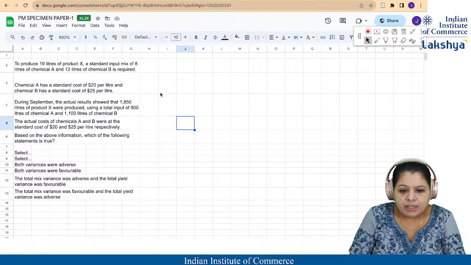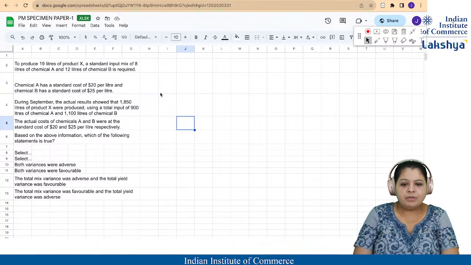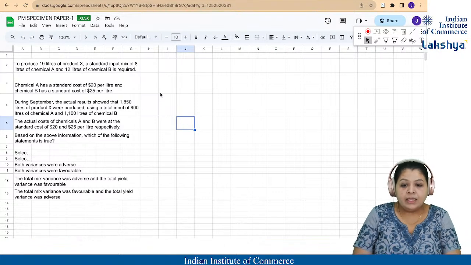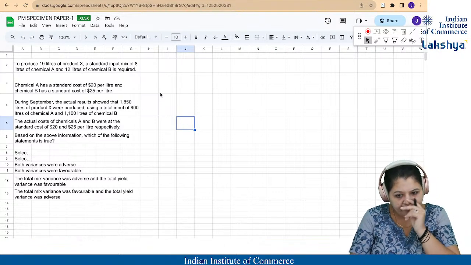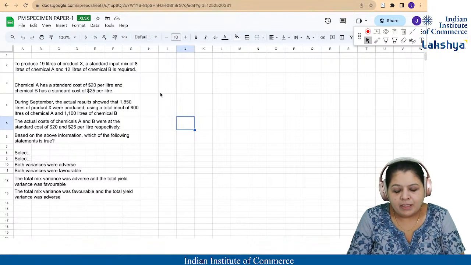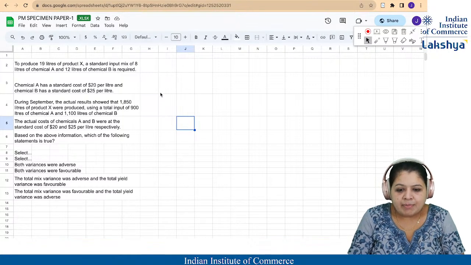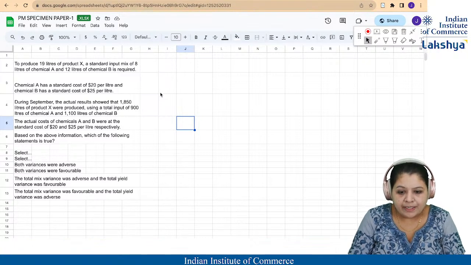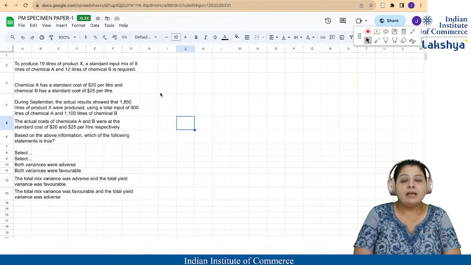During September, the actual results showed that 1850 liters of product X were produced using a total input of 900 liters of chemical A and 1100 liters of chemical B. The actual costs of chemicals A and B were at the standard cost of $20 and $25 respectively. Based on the above information, which of the following statements are true?